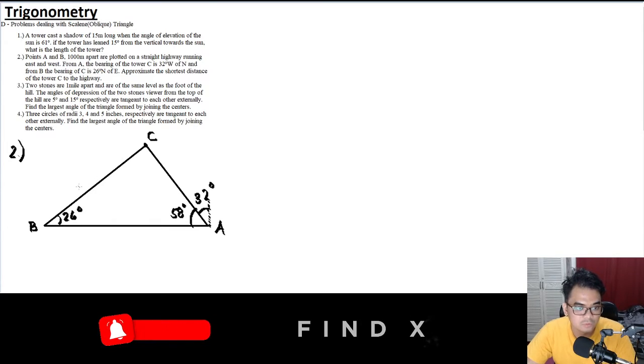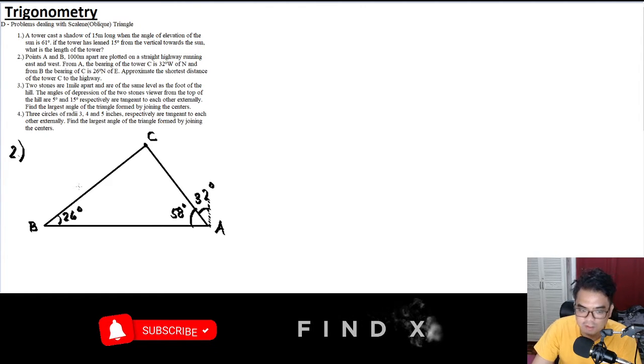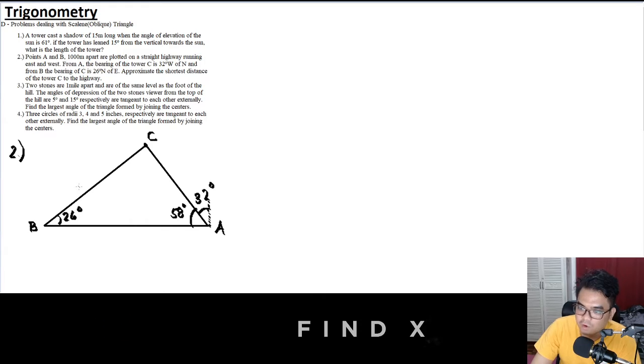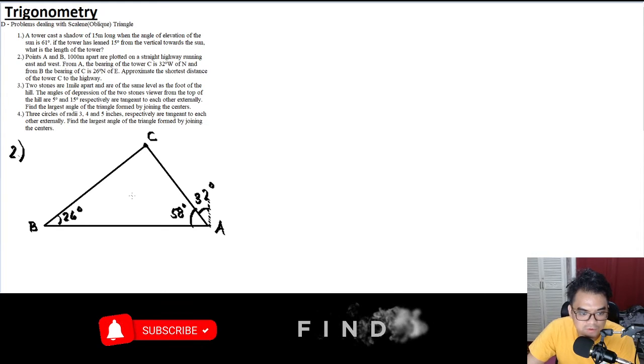Okay, now we are asked to find approximate the shortest distance of the tower C to the highway. Now if you are looking for the shortest distance, it is always the straight line. So from C, this is the highway, right?